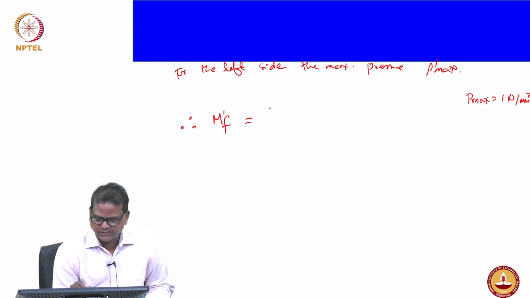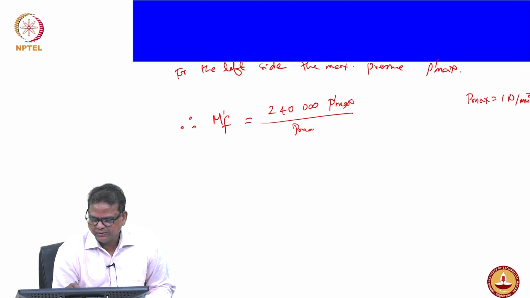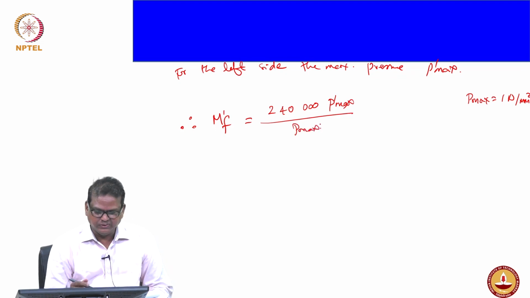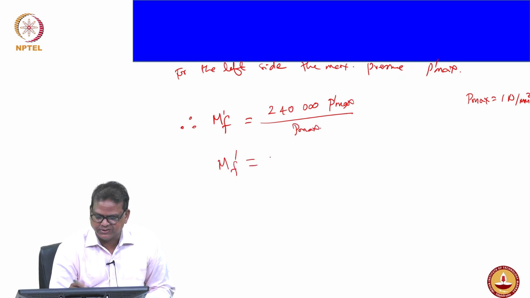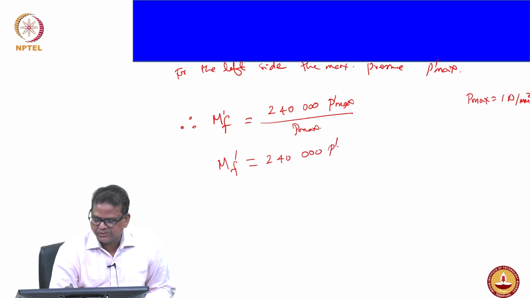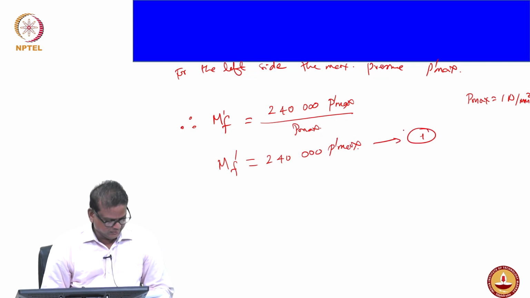So this is 2040, that is P max dash by P max, one relationship we got. So straight away MF dash equals, with P max being 1 Newton per meter square, 240,000 P dash max, that is equation number 1.